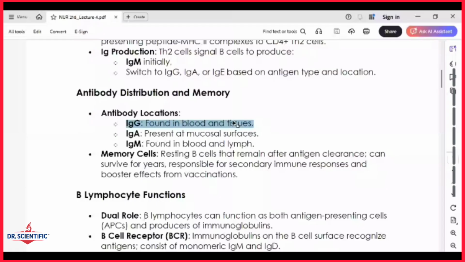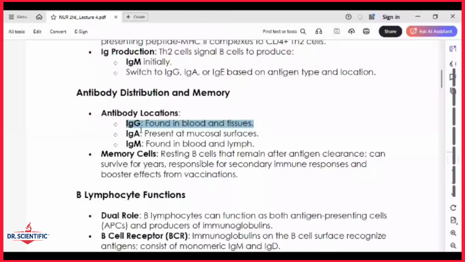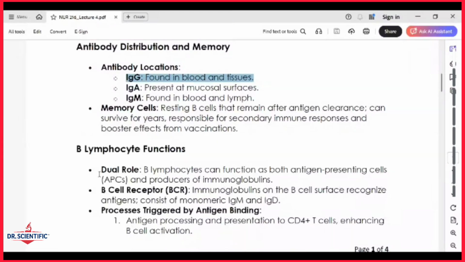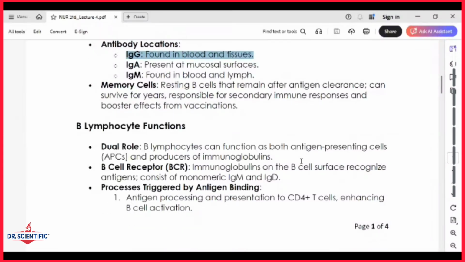As the infection evolves, especially in cases of malaria, IgG is usually the one that is produced, and it evolves all the way from IgG1 to IgG4. But in most cases, IgG3 is the one that ultimately eliminates the parasites in malaria. So it depends on the infectious agent and the location where it's found, and class switching happens based on that. Of course, B lymphocytes are able to produce immunoglobulins, but they're also antigen presenting cells as we saw yesterday.